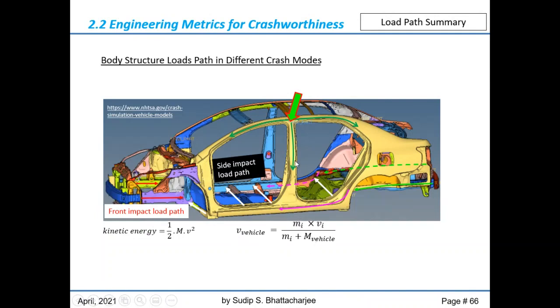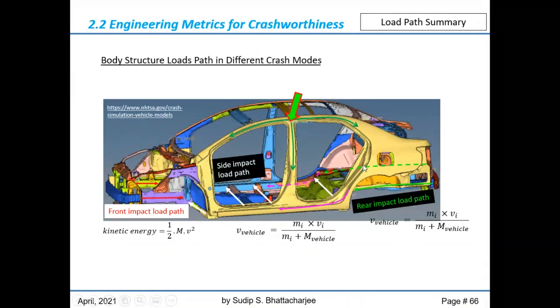They interact together, and the objective is that the impacted vehicle will achieve a certain lateral velocity during this momentum exchange. Rear impact: the impactor is coming and impacting the vehicle. Again, there is a momentum exchange problem, and the impactor mass and velocity together interact with the vehicle mass and produce a forward velocity of the impacted vehicle.